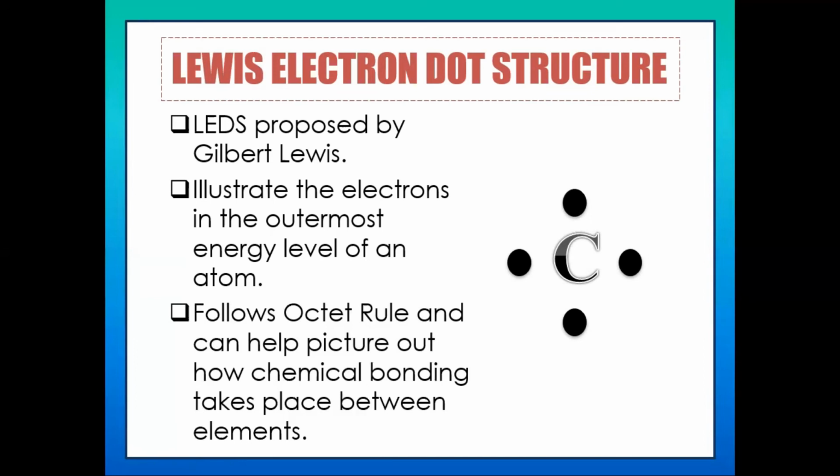Why 4? Because carbon has 4 valence electrons. Okay? When you check the electron configuration, the valence electron of carbon is 4. So the manner of writing the dots should be clockwise.